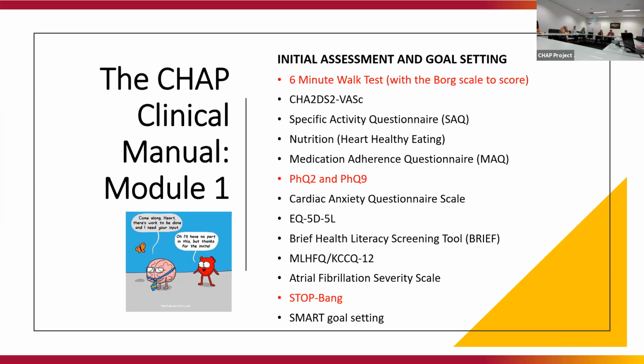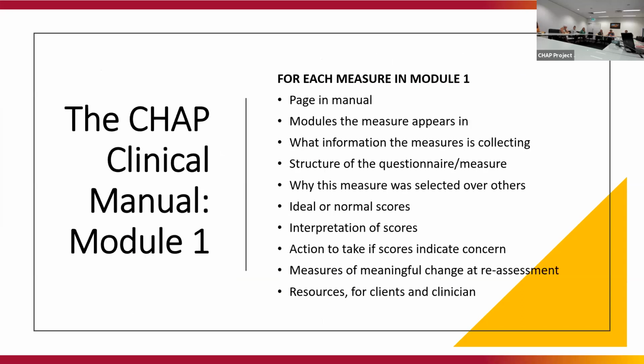Then I'll quickly run through the other tools, talking about where you can find the tool in the manual, the modules in which the tools are relevant, and some information about what that tool is collecting, why we're measuring that, why that tool, what a good score looks like, what you could do if a client got a poor score, and some extra resources.